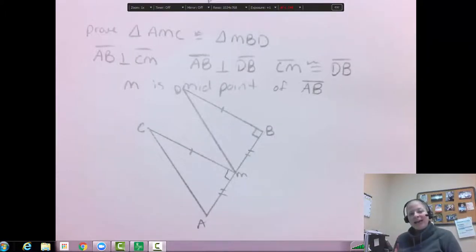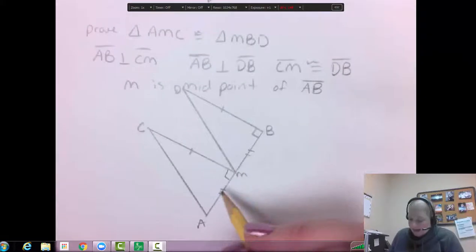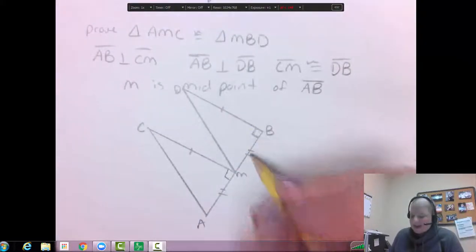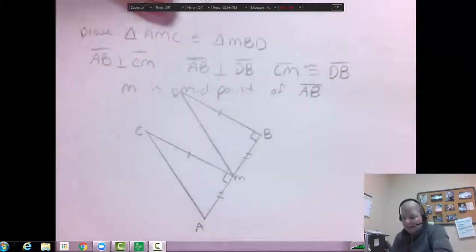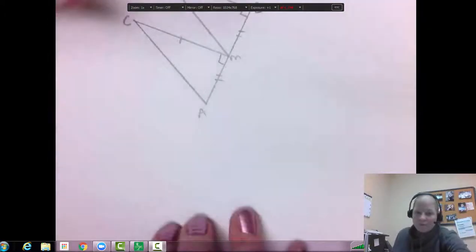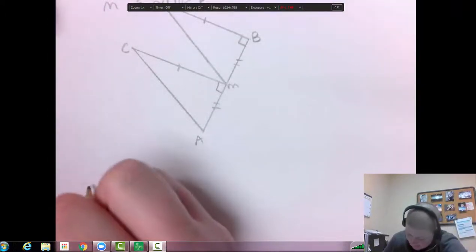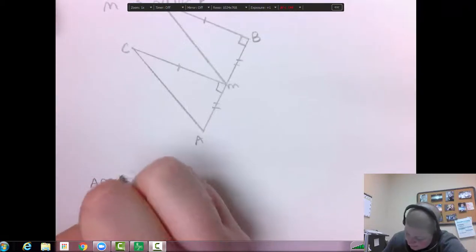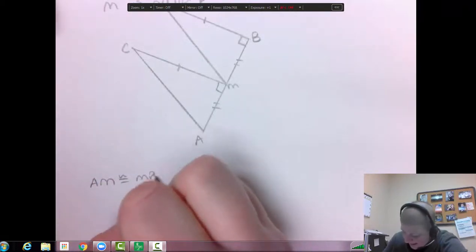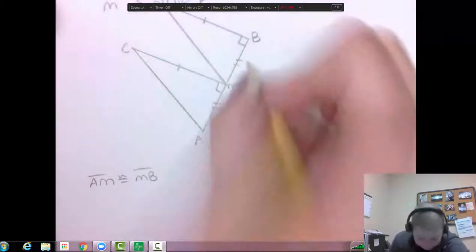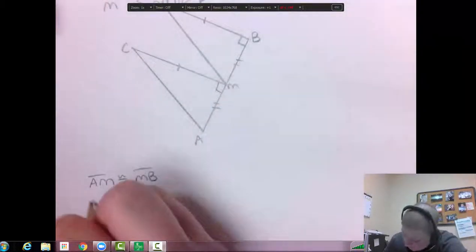So what do we have for our congruence? We have side, angle, side, side, angle, side. Now let's write that out and prove or show our proof. So we would say, okay, well, we know AM is congruent to MB, and why are they congruent? By the definition of a midpoint.